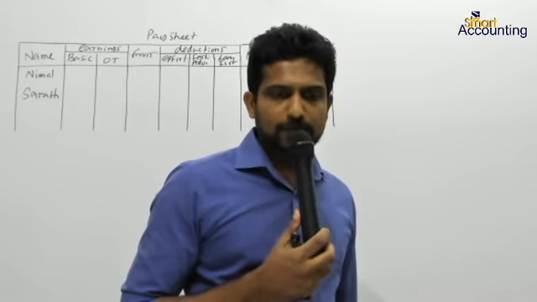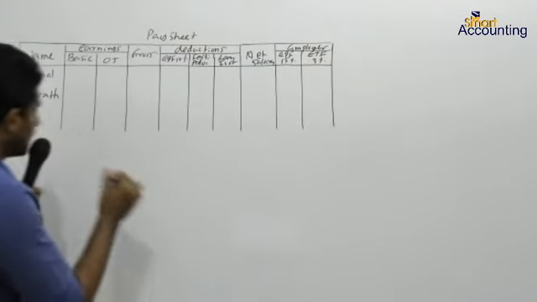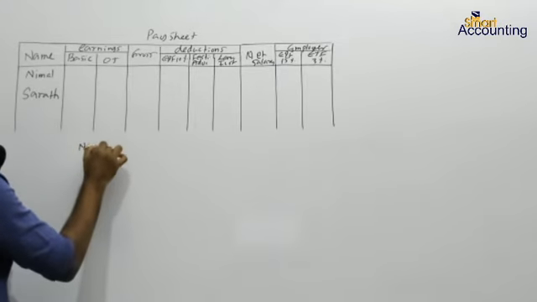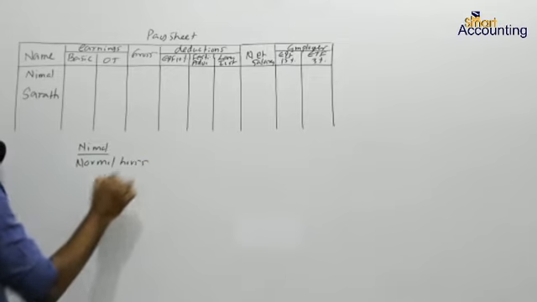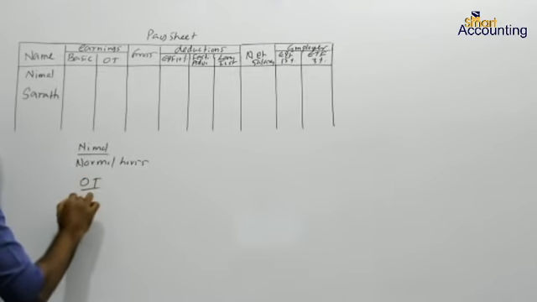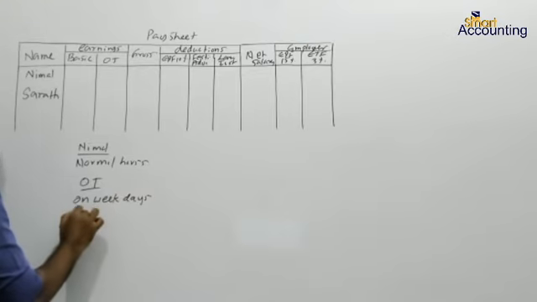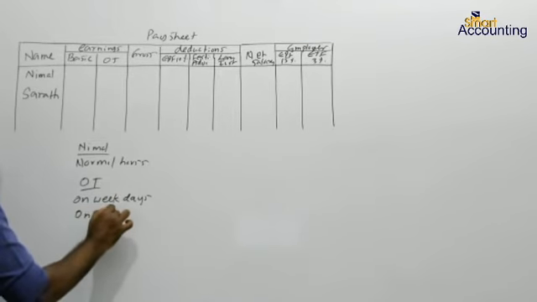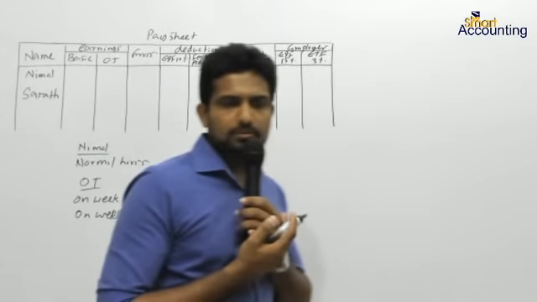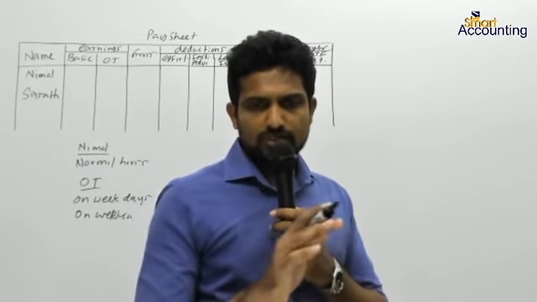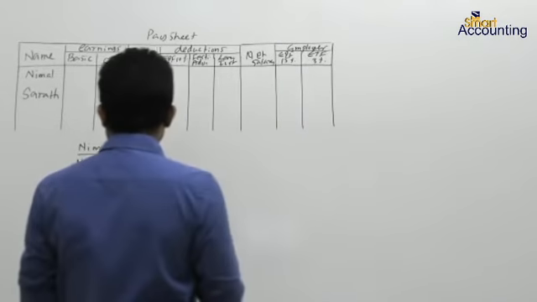For Nimal, you just calculate the normal hours Nimal worked, then overtime on weekdays and on weekends. The normal hours worked by Nimal for all 4 weeks, 40 into 4, 160.